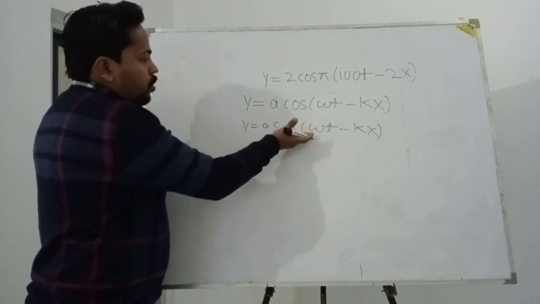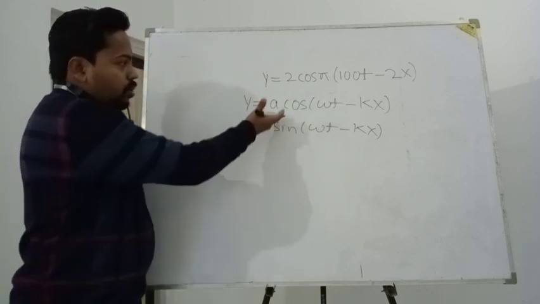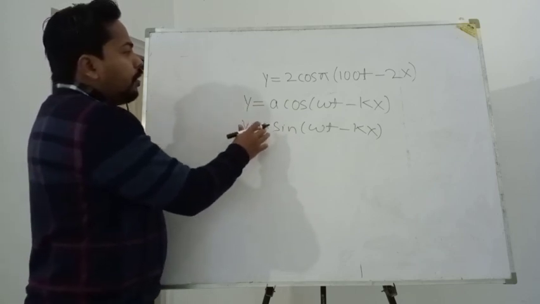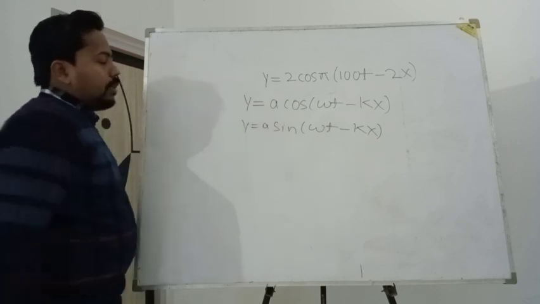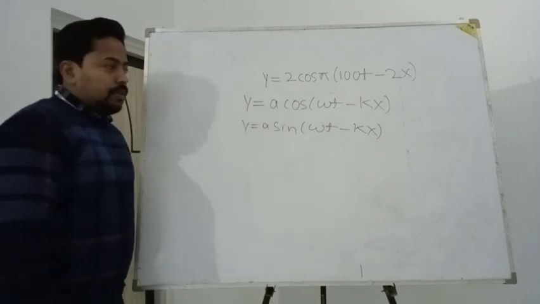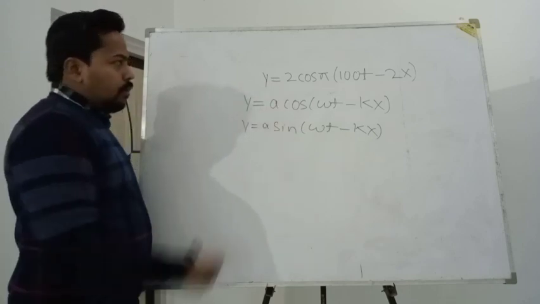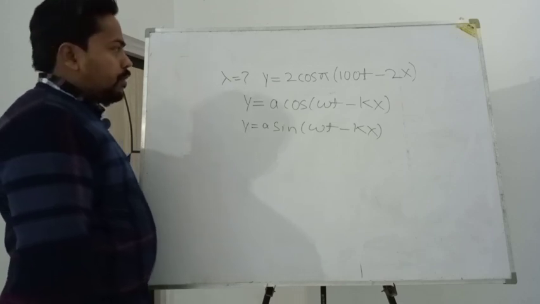This sine function can also be represented in terms of the cos function, because it is also a sinusoidal function. So this equation is the displacement equation for the wave which is traveling, and we have to find its wavelength lambda.